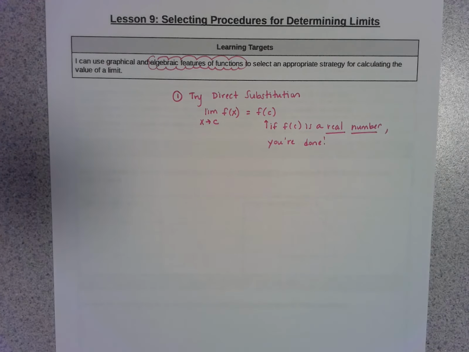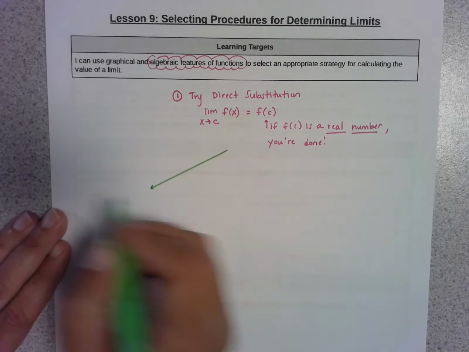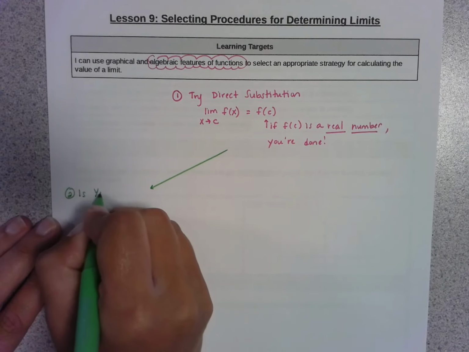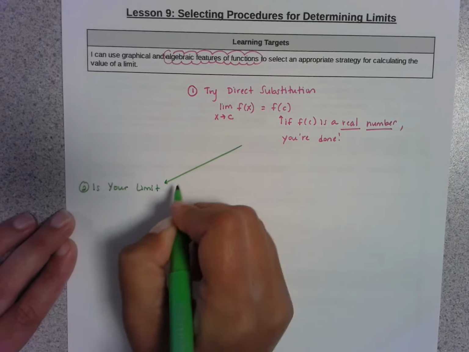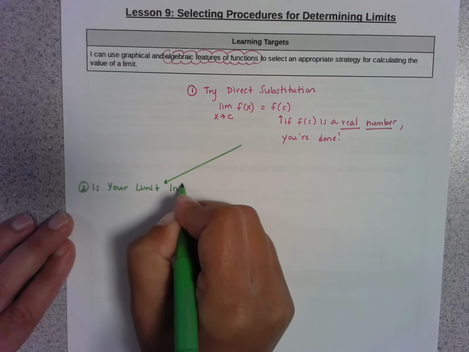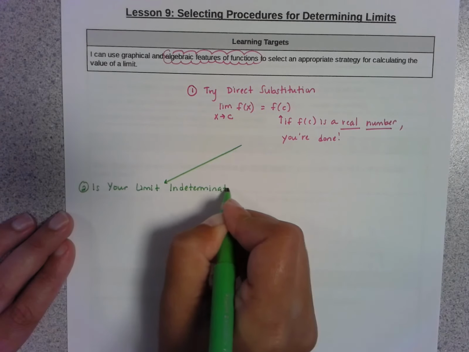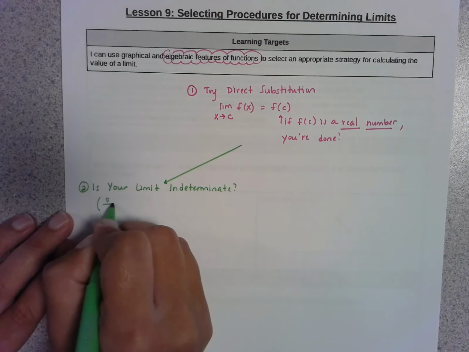Now, what if you plug in that value and you don't get a real number? So, what if direct substitution doesn't work? There are really two things. Did you get an indeterminate form? So, did you get 0 over 0?